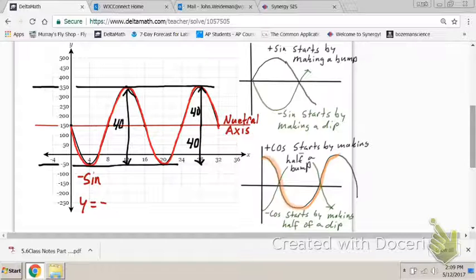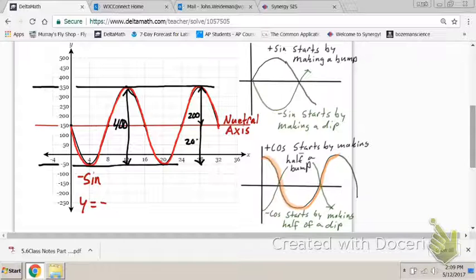Okay. So that is 400. If I would take the time to read this scale right, it goes up from the neutral axis 200, and it goes down from the neutral axis 200.